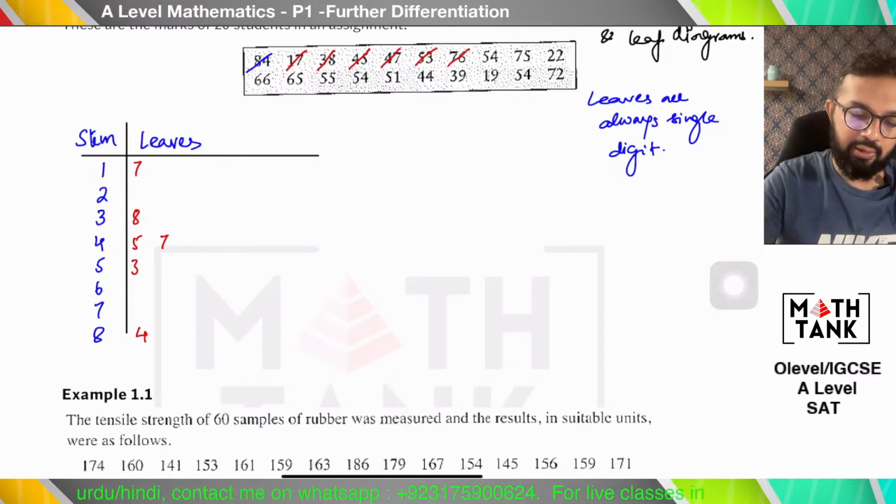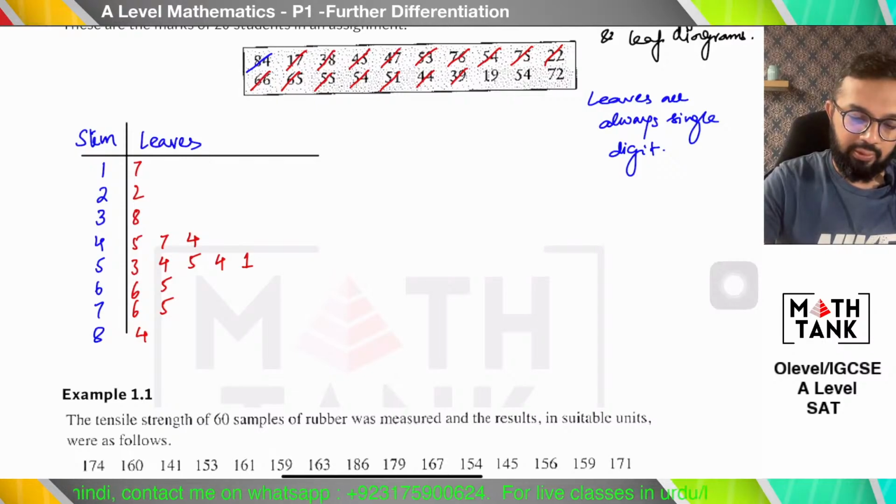So 53, 76, 54, 75, 22, 66, 65, 55, 54, 51, 44, 39, 19, 54, and 72.